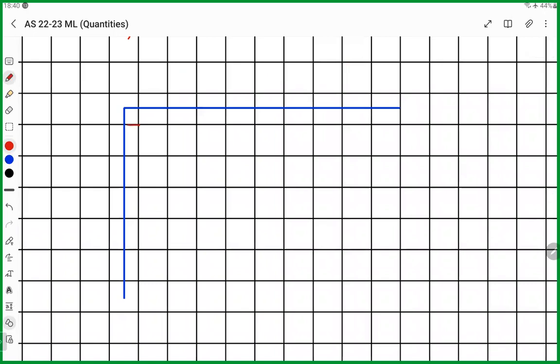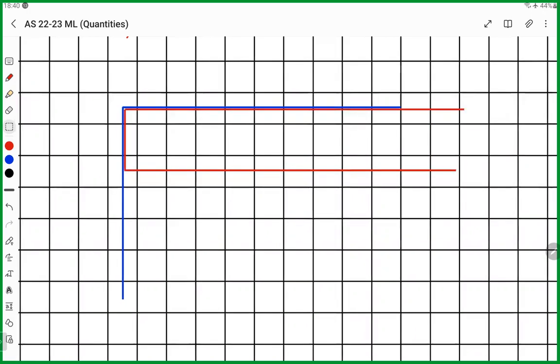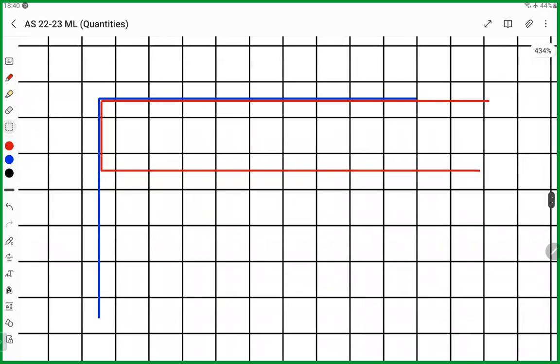So what you do is you place your ruler like this. Just let me make the diagram correct. So you put your ruler in the edge like this, and you're looking for this length. How big is this length?